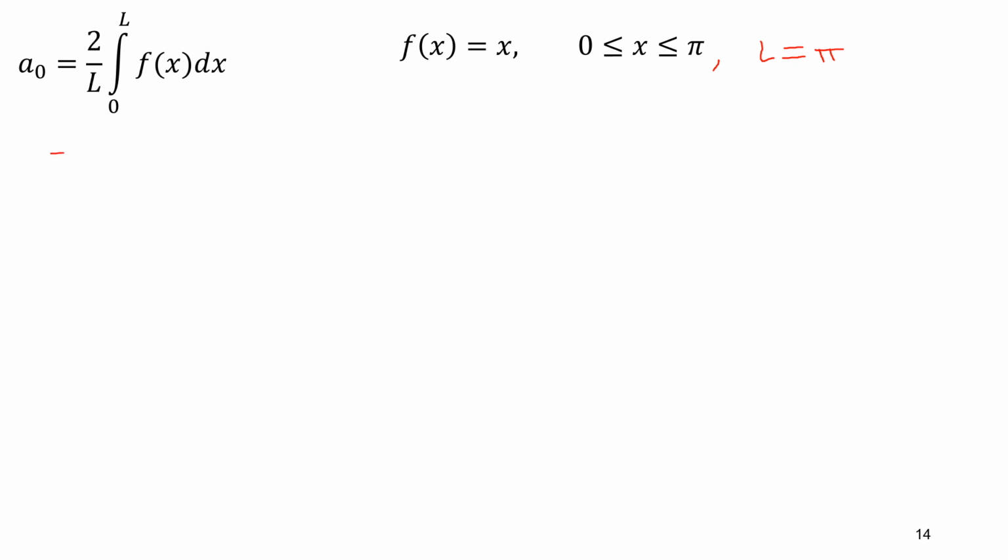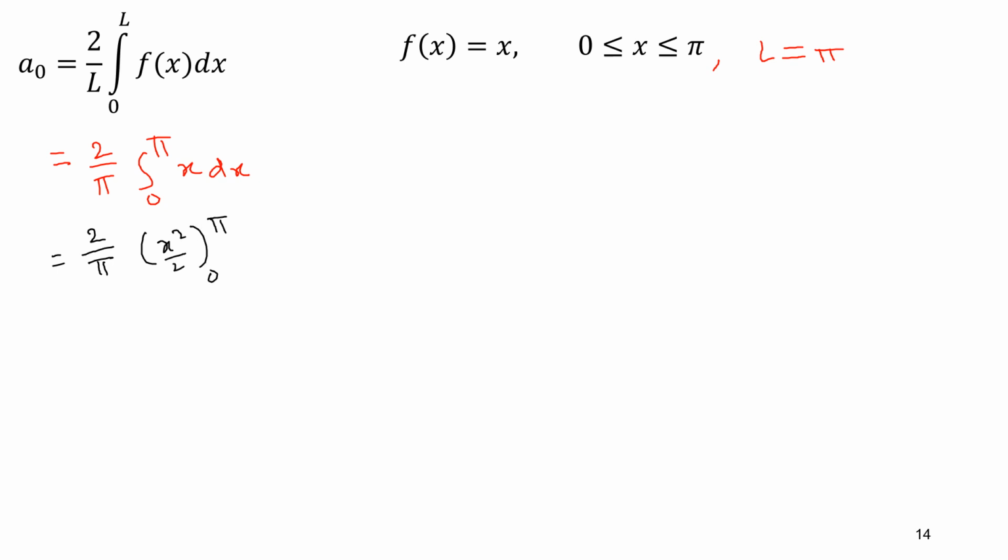So the formula for a0 will be 2 by pi, integral from 0 to pi, the value of f(x) is x, then dx. So it will be 2 by pi, the integration of x is x square divided by 2 from 0 to pi.